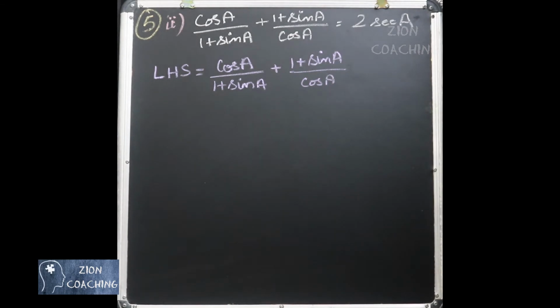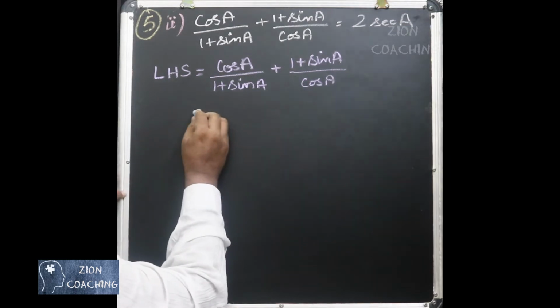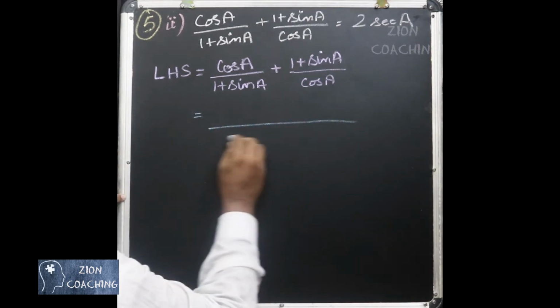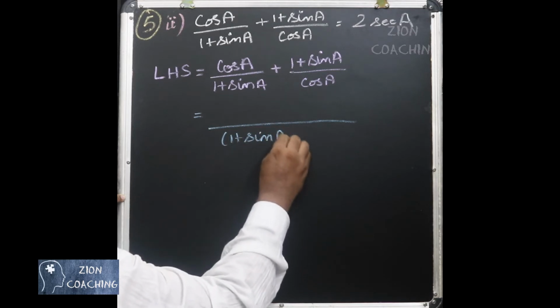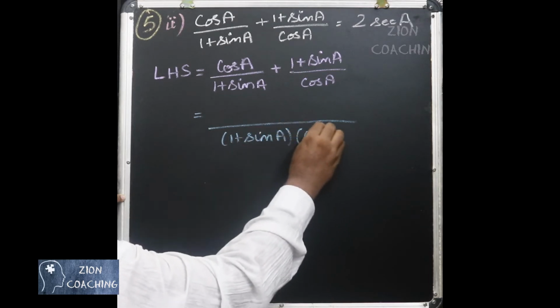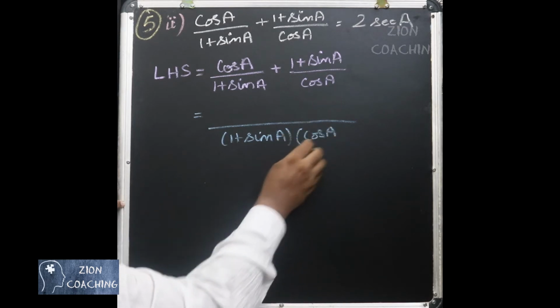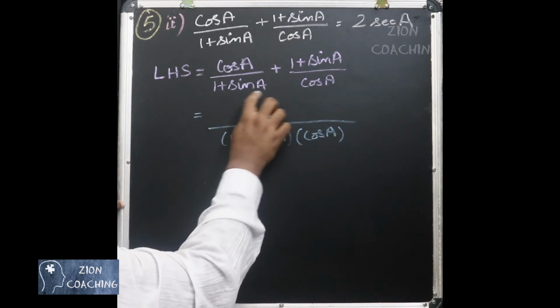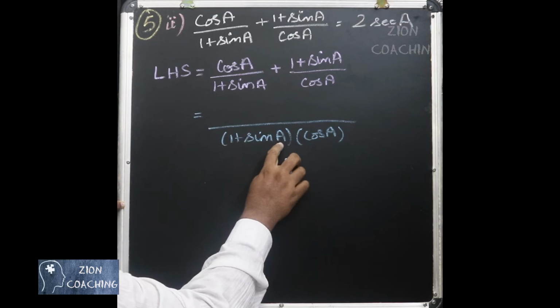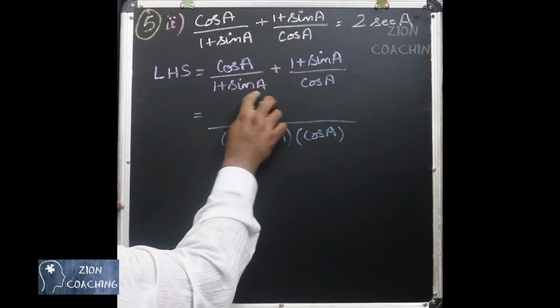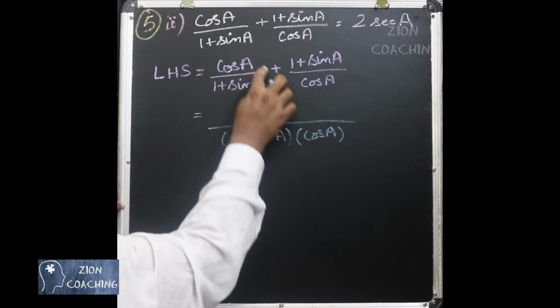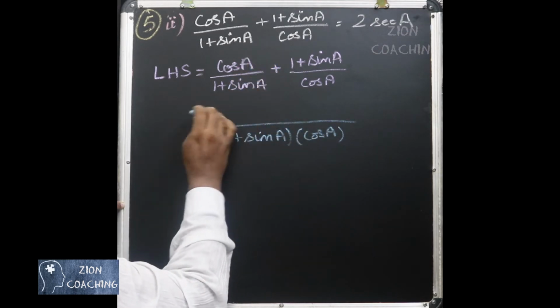So the LCM is going to be (1 plus sin A) into cos A. To get (1 plus sin A) into cos A, where 1 plus sin A is already there, we are going to multiply the denominator by cos A. So the numerator also should be multiplied by cos A.